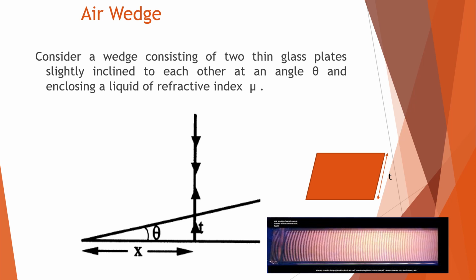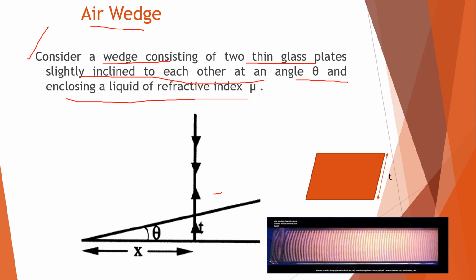So we can start air wedge. The first point is, consider a wedge consisting of two thin glass plates slightly inclined to each other at an angle theta and enclosing a liquid of refractive index mu.